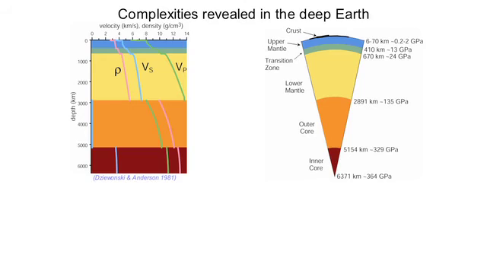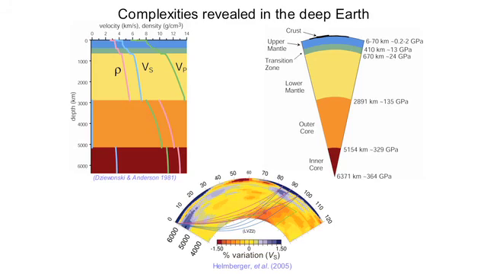So through advances in seismic tomography and normal mode data, we're able to see variations in the wave speeds if we compare them to a reference state. And these variations tell us that the Earth is not simple as we go down into depths.